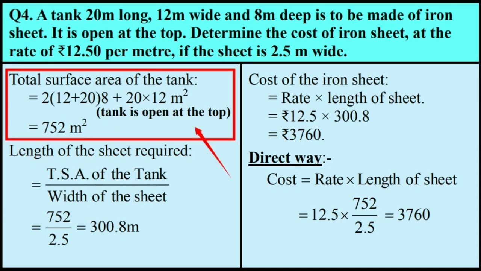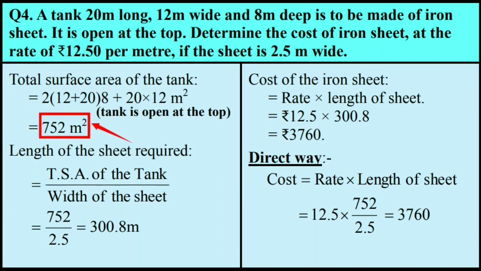Since the tank is open at the top, the total surface area is the lateral surface area plus the area of the bottom, and the result obtained after evaluating this expression is 752 meters square. So the total surface area of the tank except the top one is 752 meters square.